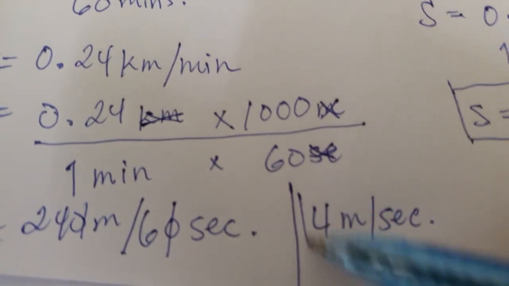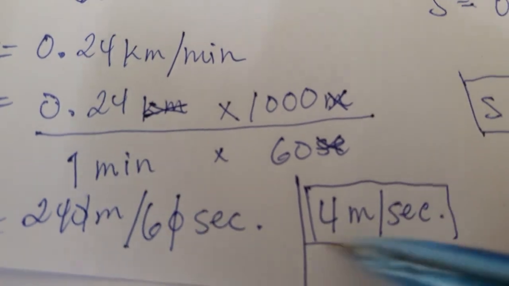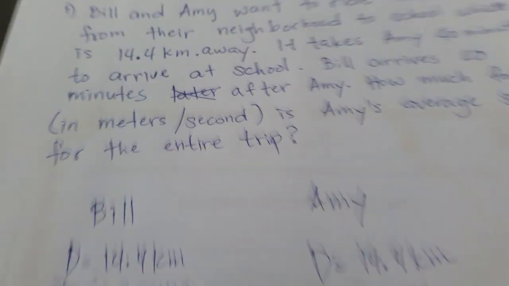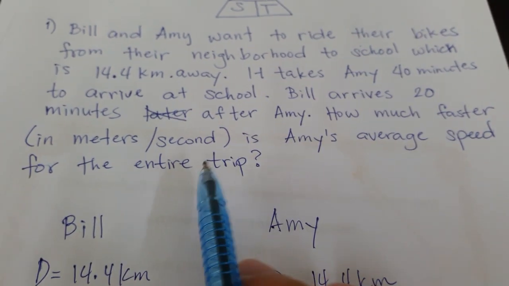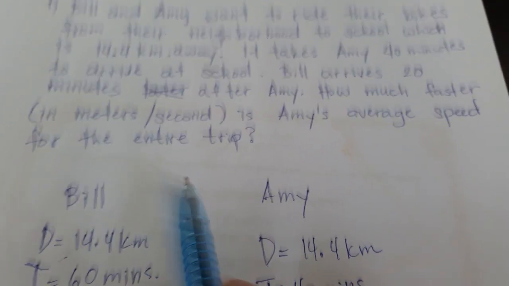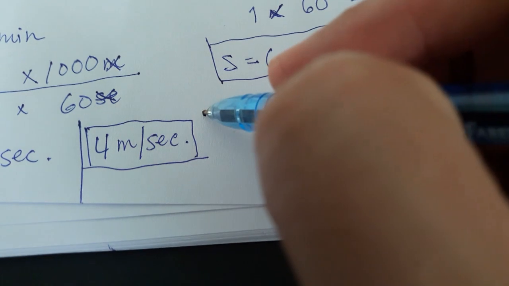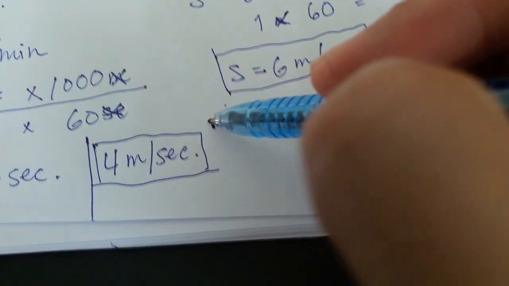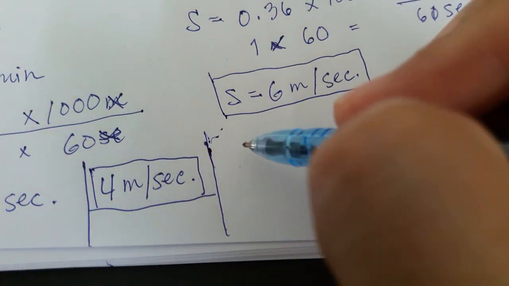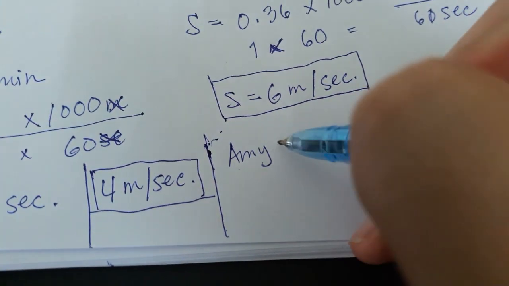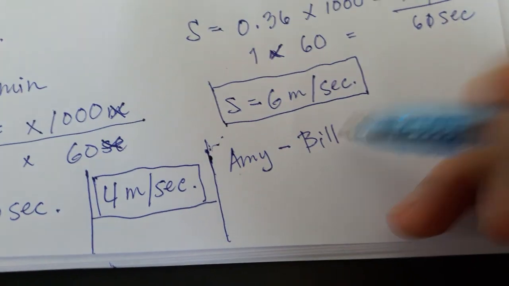So we have the speed of Amy and we have the speed of Bill, right? But the question is, how much faster is Amy's average speed for the entire trip? To answer that question, let's do this: speed of Amy minus speed of Bill.